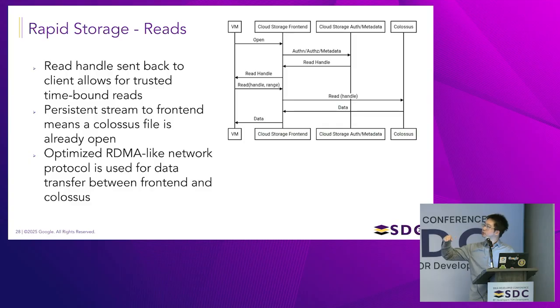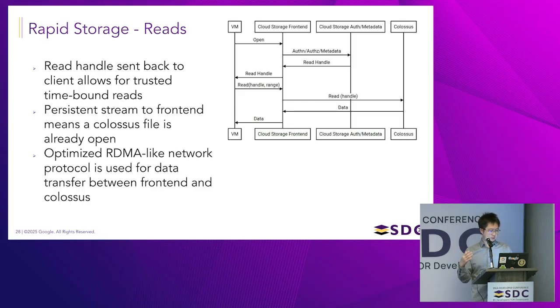I mentioned the BiDi read object protocol. Another thing that we can do with Rapid is this notion of having a read handle. So when you open a read stream, you also get a handle back. This handle is time-bound and locked to a specific VM, but this allows clients to then open a handle and then use it to perform reconnects.